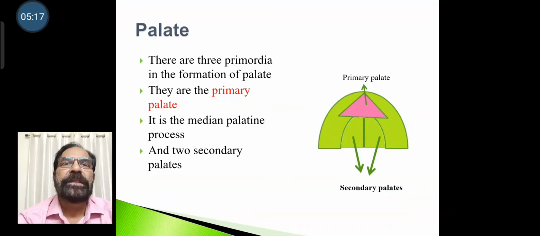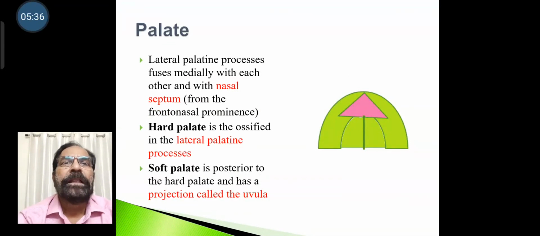Palate. There are three primordia in the formation of palate. They are the primary palate, which is the median palatine process, and there are two secondary palates. Lateral palatine processes fuse medially with each other and with nasal septum derived from frontonasal prominence.